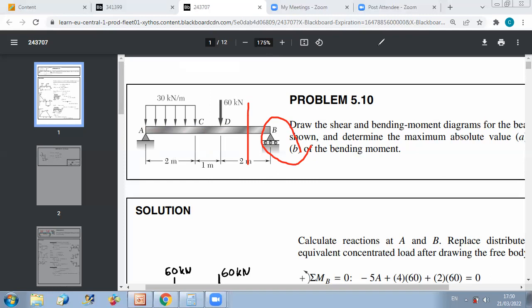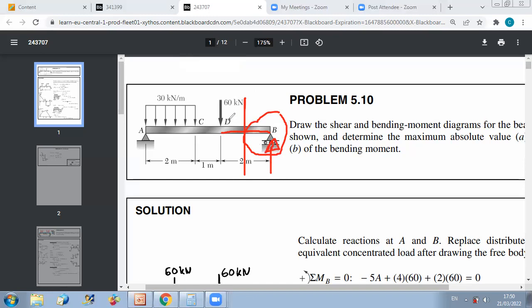What do I mean by it's easier to take the right or left part? For example, if you want to know what is the value of the shear between D and B, or what is the bending moment between D and B, then, of course, if you want to do a cut, as you can see, this part doesn't include anything except the roller external reaction.